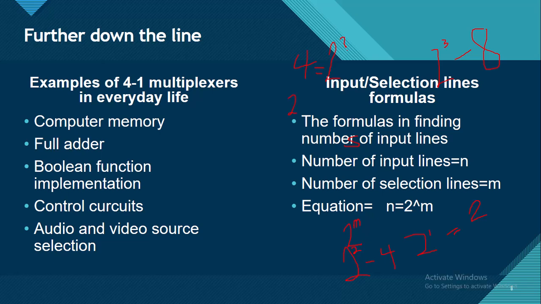So 2 raised to the power 2 is equal to 2 raised to the power L. Then, with the same base, the 2s are left out, giving us 2 equals L. Then we know that there are 2 selection lines.